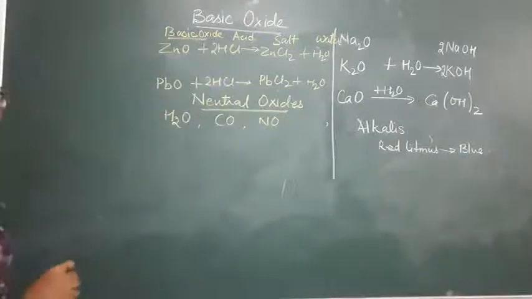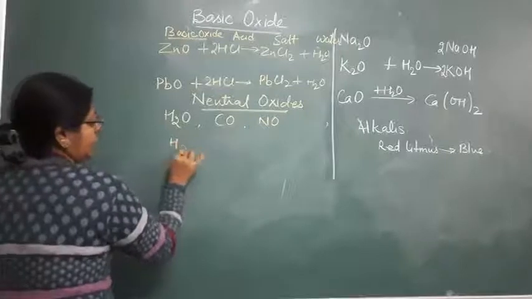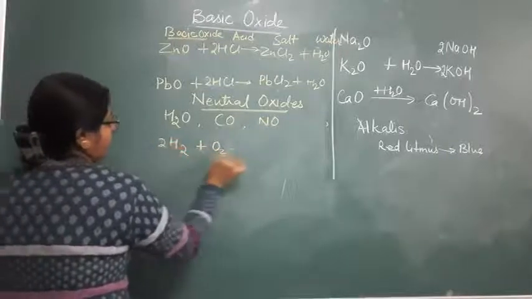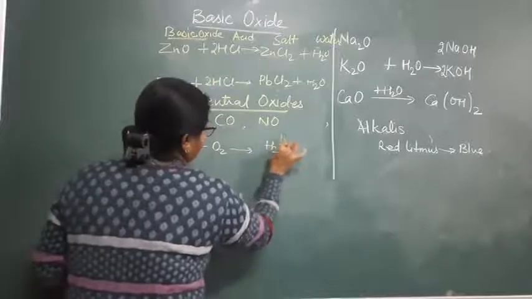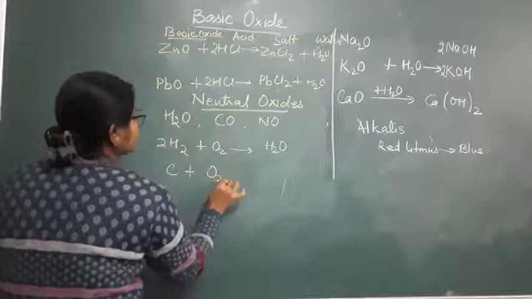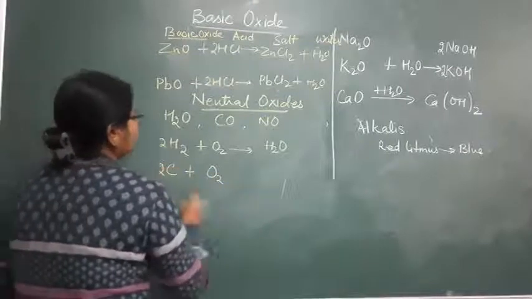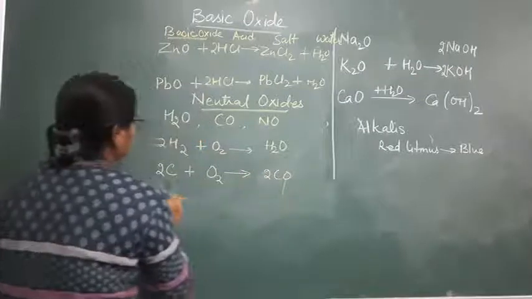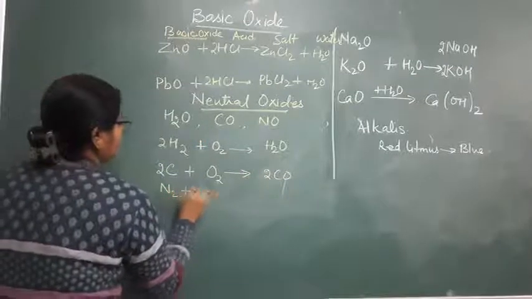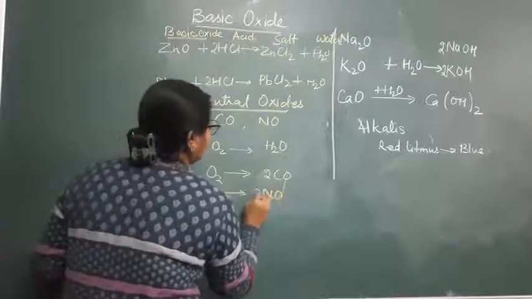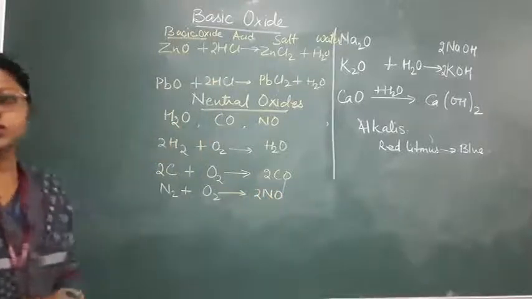Water forms when hydrogen reacts with oxygen. Carbon, when burned with insufficient air or oxygen, forms carbon monoxide. Nitrogen, when it reacts with oxygen at very high temperature, forms nitric oxide.